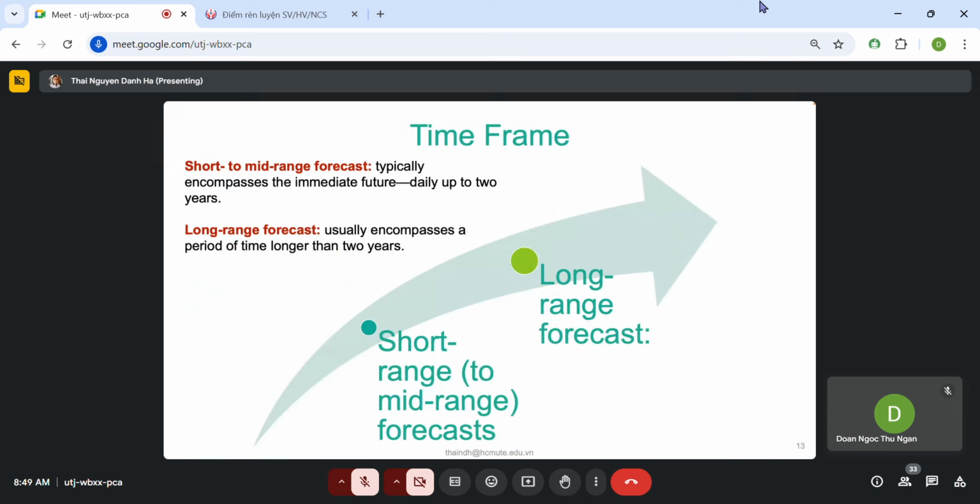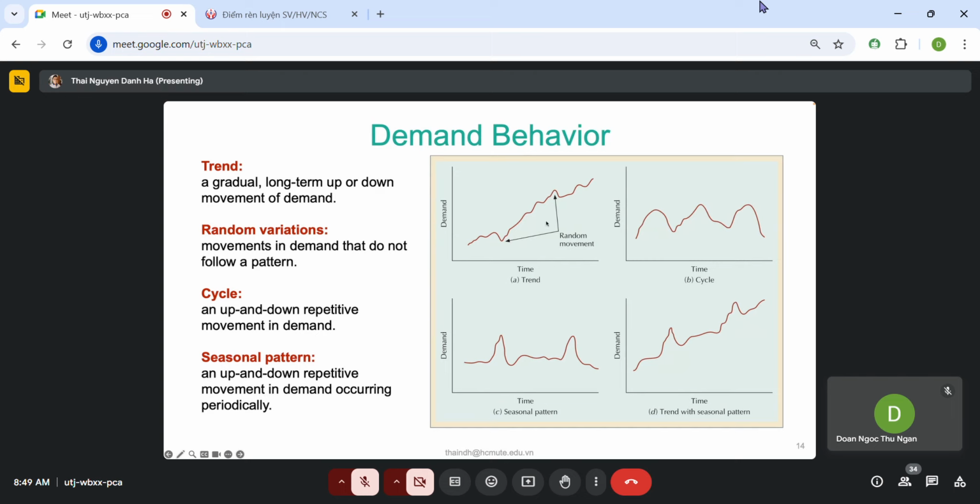And the long range forecast usually encompasses a period of time longer than 2 years, right? More than 2 years.